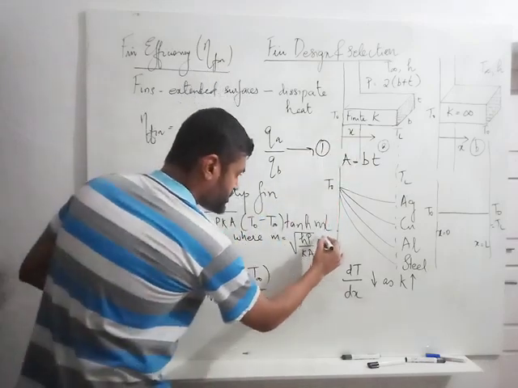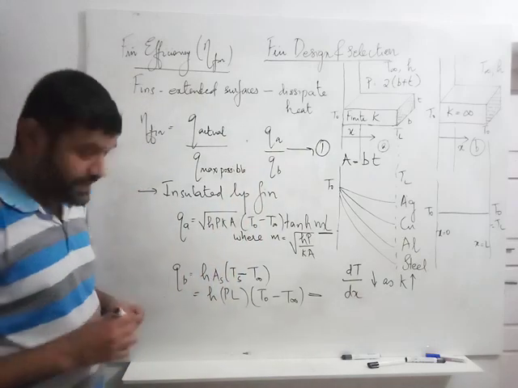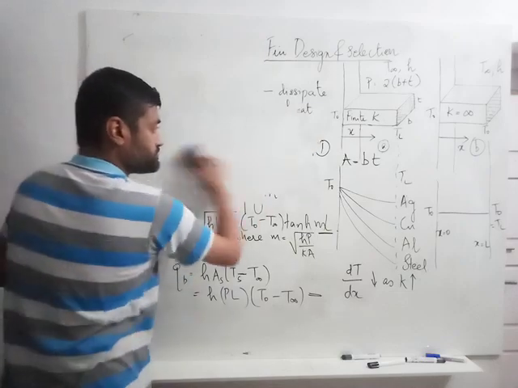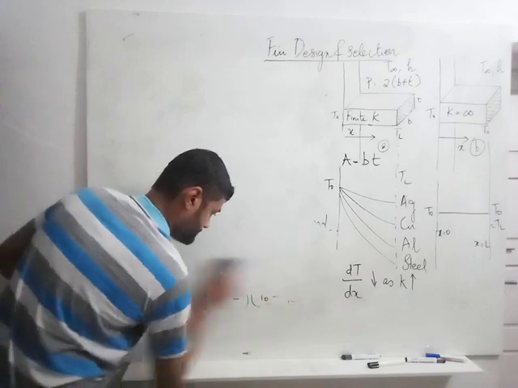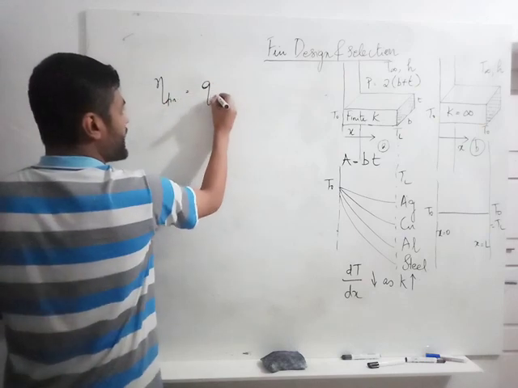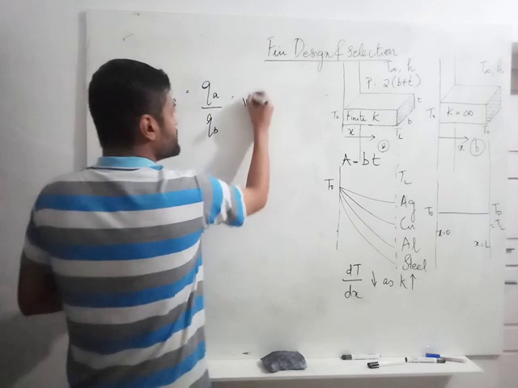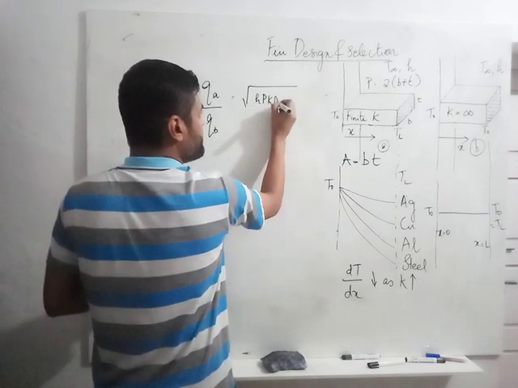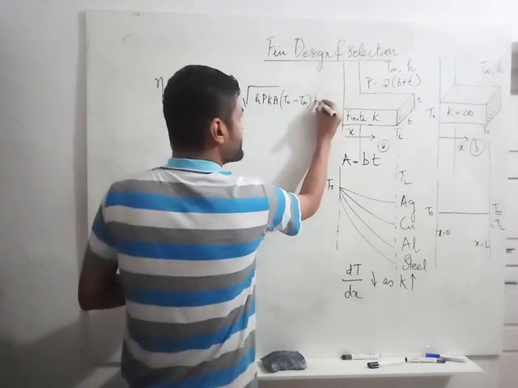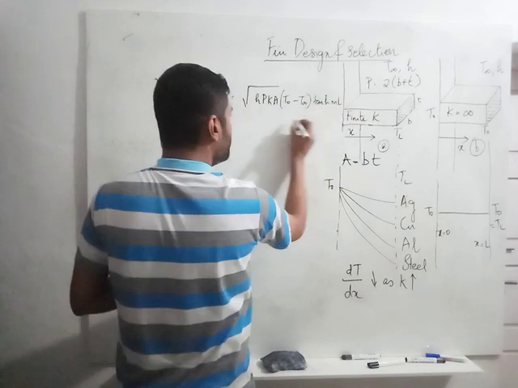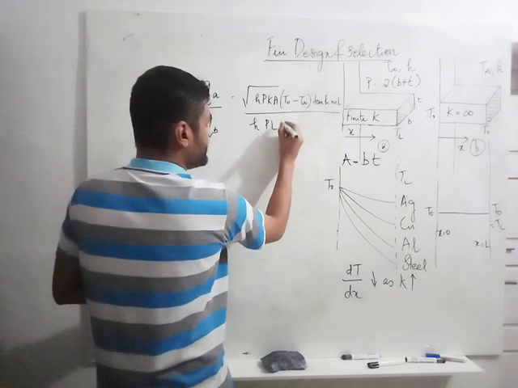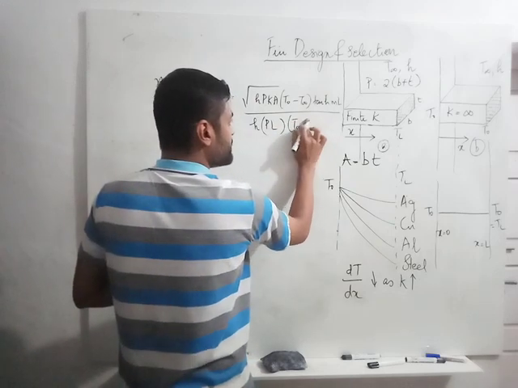Substituting these two values in equation 1, I'll get eta fin is equal to QA by QB, that is equal to square root of hPkA times (T0 minus T infinity) times tanh(mL), the hyperbolic tan function, divided by QB, that is h into P into L times (T0 minus T infinity).